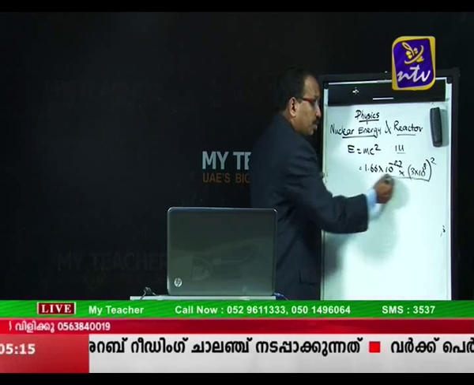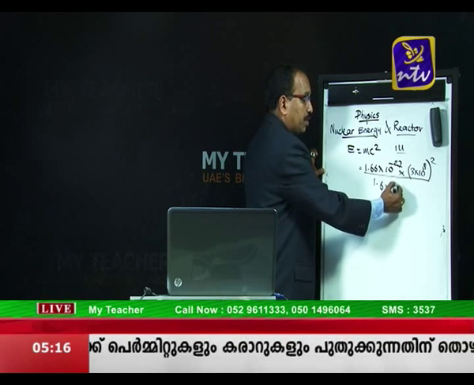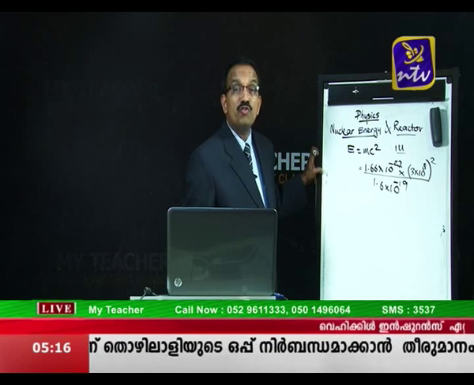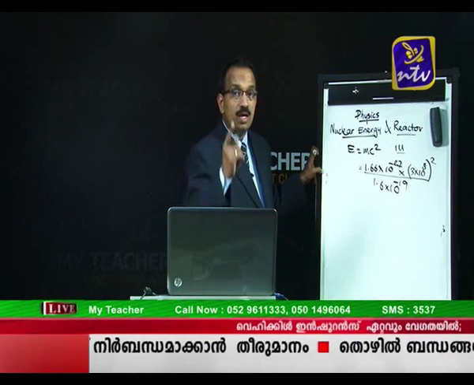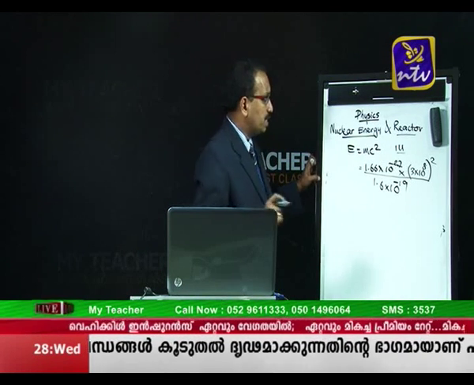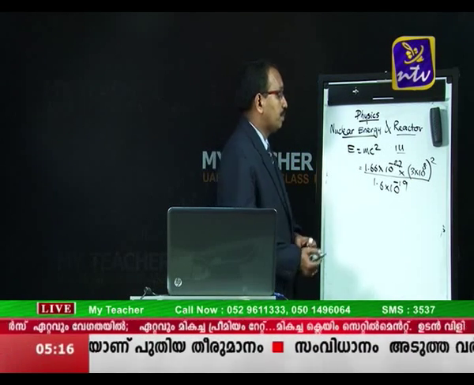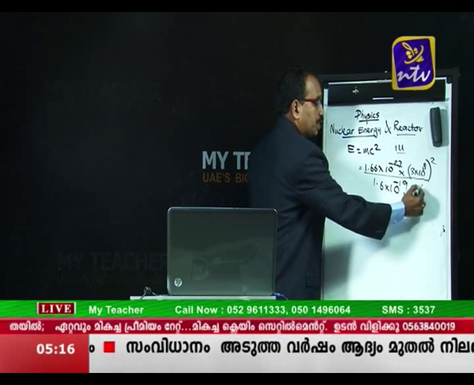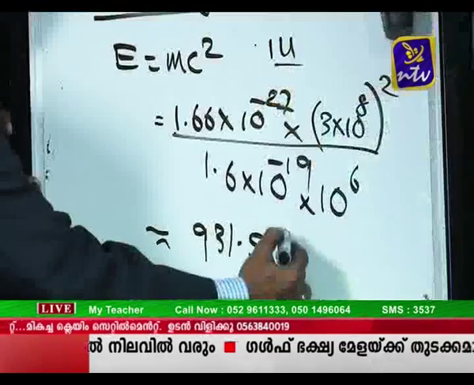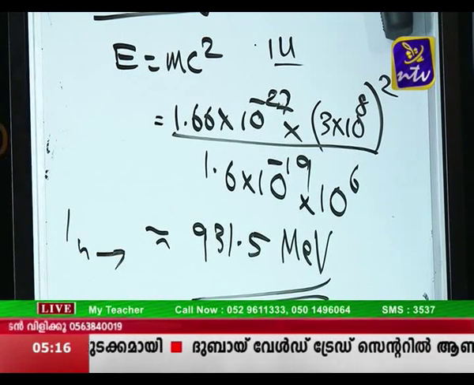During a reaction, if you want to get it in electron volt, what we should further do is divide by 1.6 times 10 to the power minus 19. That much is the amount of energy released during a nuclear reaction which causes a loss of mass of 1 AMU, but this is in electron volt. If you want the energy in million electron volt, you should further divide by 10 raised to 6. So ultimately, you will get around 931.5 million electron volt when 1 AMU is lost in the reaction.